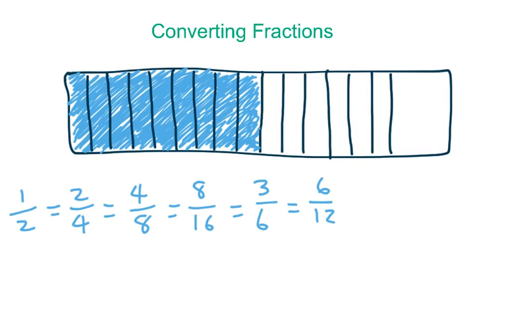So instead of halving them all, I am thirding them all, and therefore I still end up with equal sized pieces, and this time I end up with 9 pieces out of 18 that are coloured in, so 9/18.